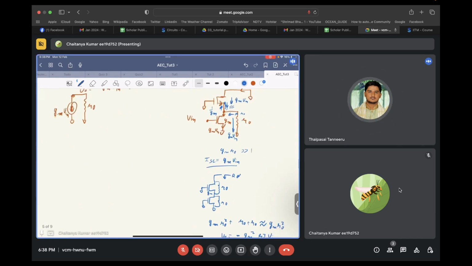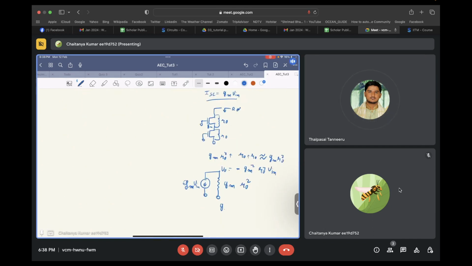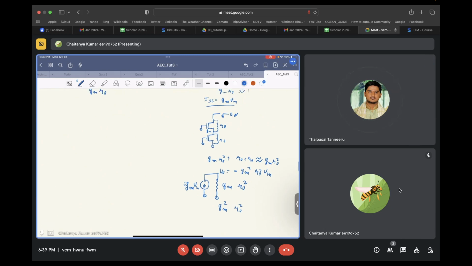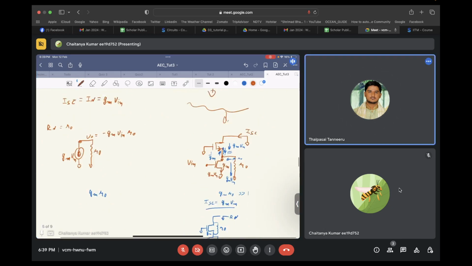You see, the gain over here was just gm ro, and the gain at this node is gm square ro square. So on applying two identical transistors in cascode, your gain has increased by a factor of gm ro.